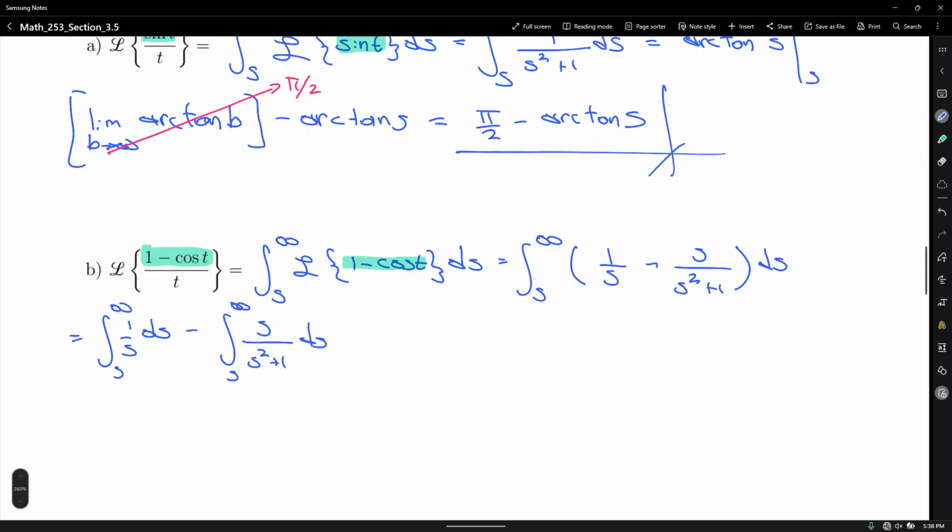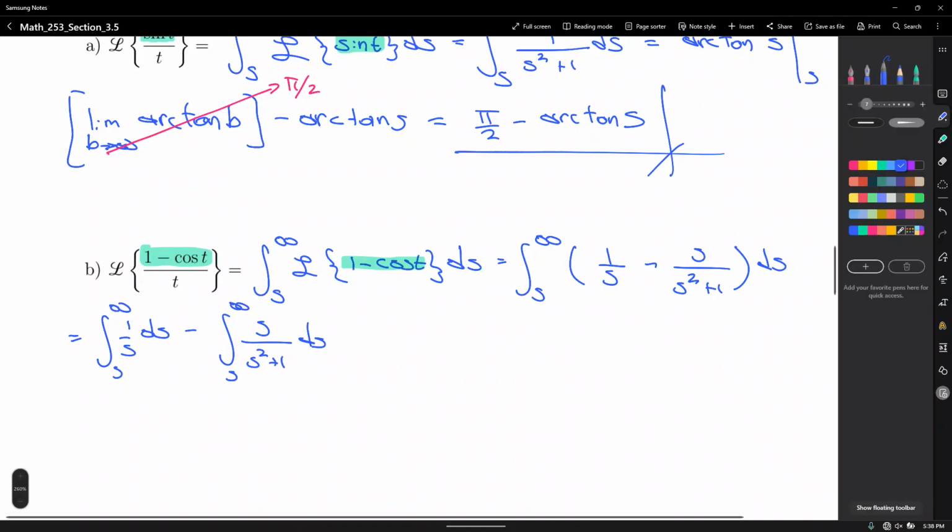The first integral is an ln rule, no problem. What about the second integral? Any ideas how to evaluate it? Another ln rule. However, when we see the differential, we wished we had 2s here. We can make our wish come true, provided you multiply by a half outside. That's how we compensate our differentials.